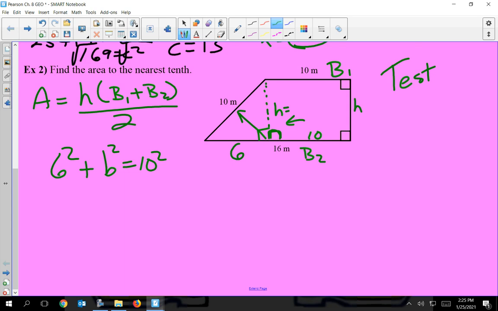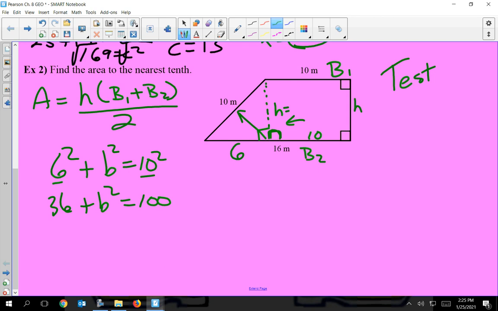And this is where I was talking a little bit earlier. Again, if you know your Pythagorean triples, you might recognize that if the hypotenuse is 10 and one of the sides is 6, hey, that was like the second one on our list. So b should be 8, but let's do our math, because maybe we didn't remember that or get a chance to study it yet.